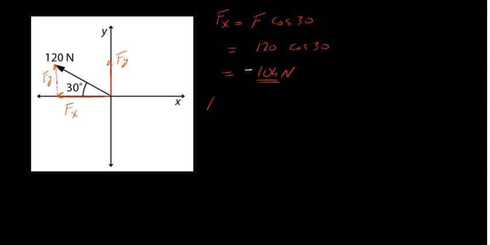Now, to do the y component, it's the opposite, which means it will be the magnitude of the force multiplied with the sine 30 degrees. That's 120 sine 30. That will give me 60 Newton.